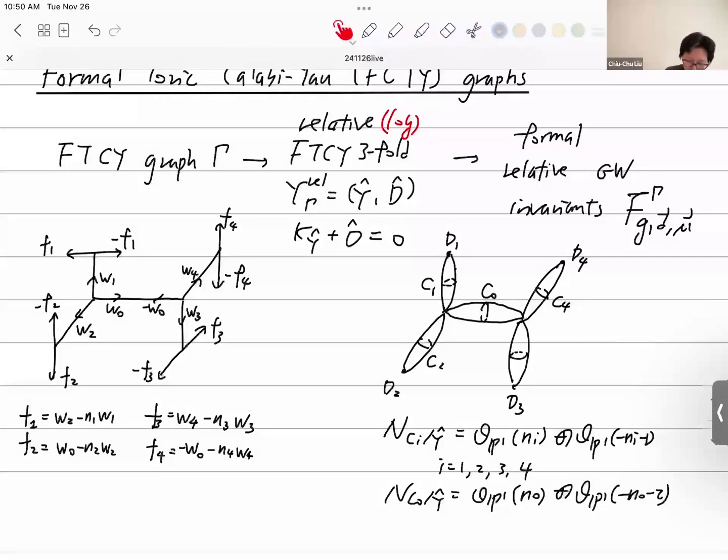And we do similarly for each of these. So the generalization is that for each non-compact edge, we add a univalent vertex together with this framing vector.